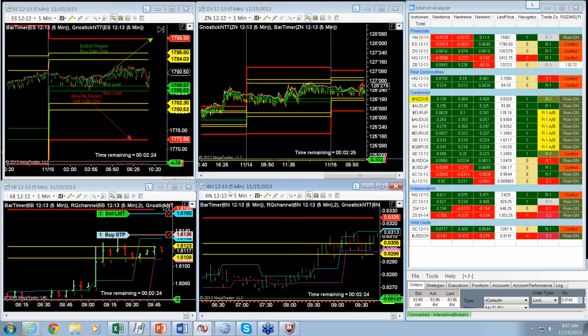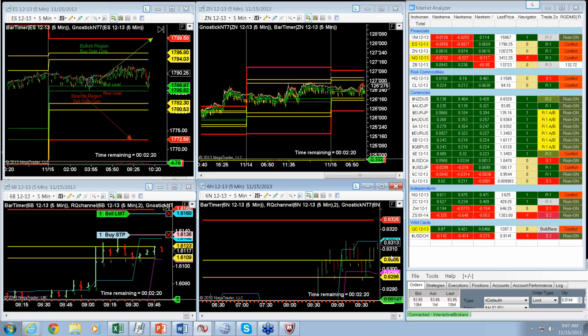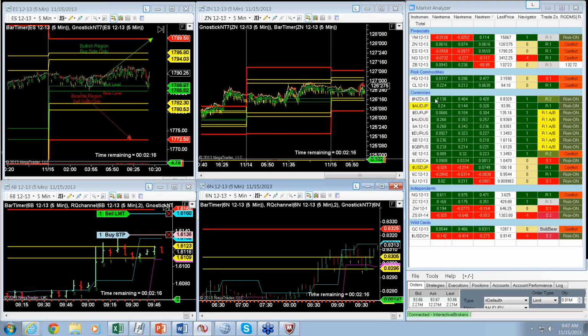Here's the New Zealand dollar getting ready to break. And you can see the New Zealand dollar has a very high correlation to the S&P 500. The S&P is bouncing right now. Now, its momentum is negative because it pulled back, but it's still on the buy side of the zone, right?